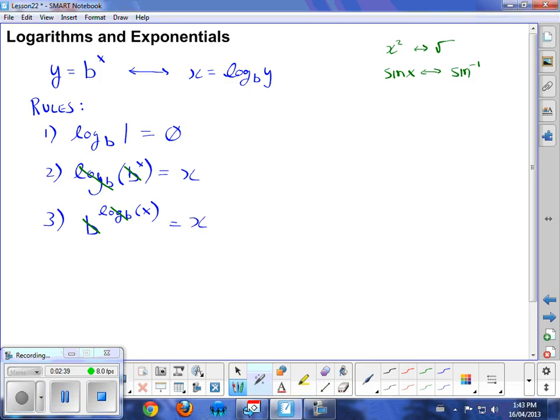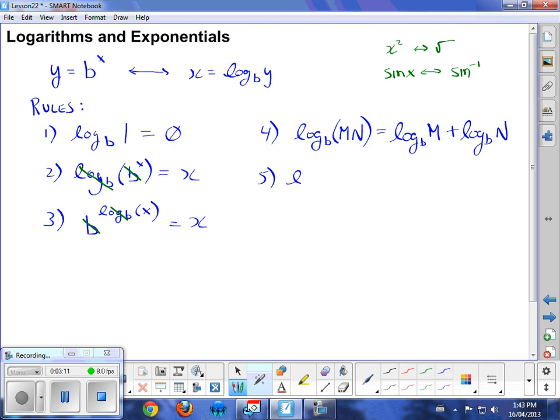All right, so there are your 3 general properties. Then, for purposes of easier writing here, we're going off to the side. Rule 4, or the 4th property, it doesn't really matter what you call them. If you have log base b of 2 arguments, say m times n, you can expand that, or rewrite that, as log base b m plus log base b n.